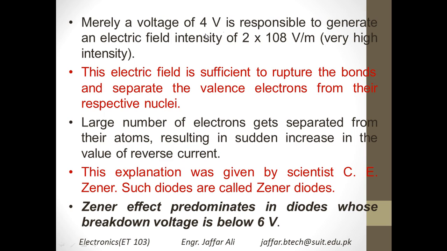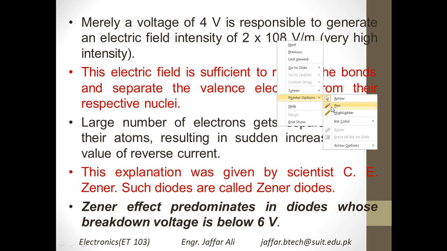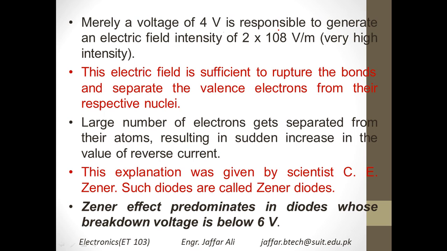Merely 4 volts is responsible for generating an electric field intensity of 2 into 10 power 8. This is 10 raised to the power 8, which is a very high intensity, and this is because of the very small depletion region width.